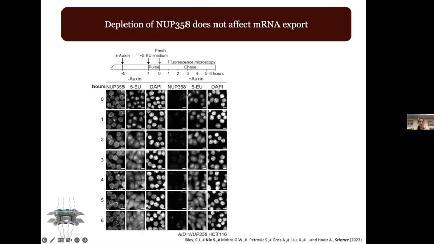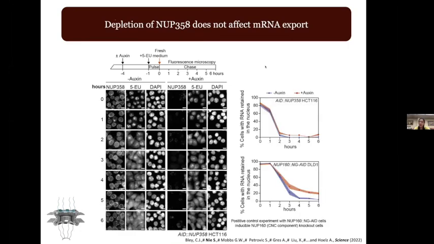After we saw this result, we think that 358 control cells and 358 depletion cells have very similar trends and a similar RNA localization. We analyzed the data and saw that 358 doesn't affect mRNA export.